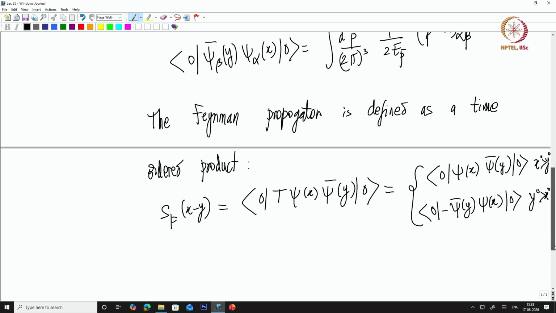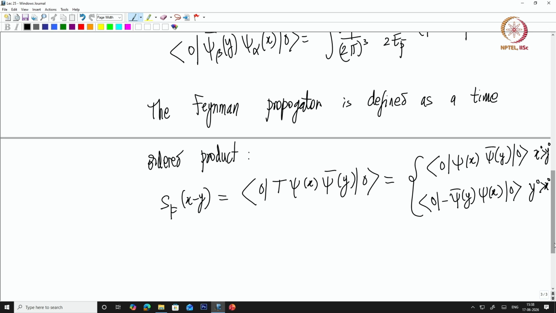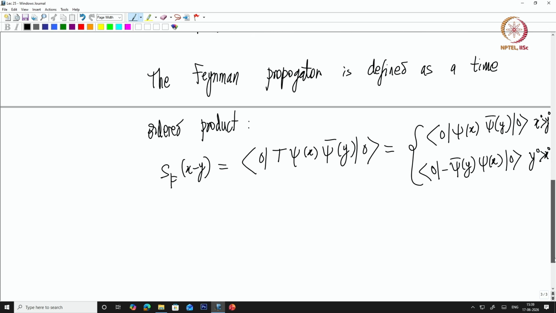Now there is a minus sign, you see, for psi bar of y and psi of x. This minus sign is important because you have to make sure that the anti-commutation of psi bar and psi should vanish always outside the light cone.